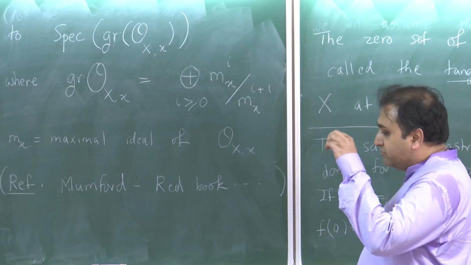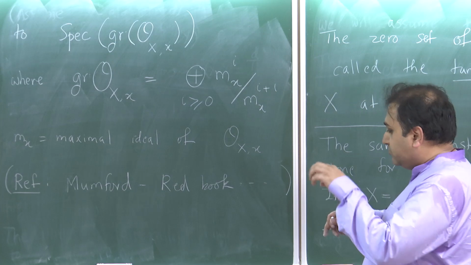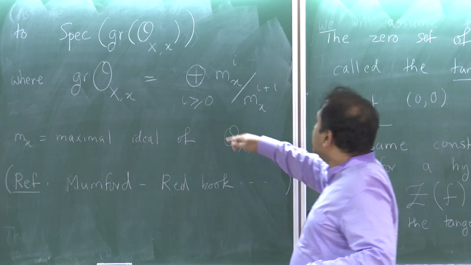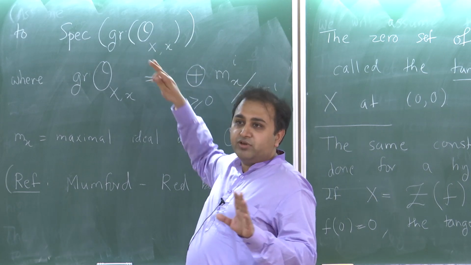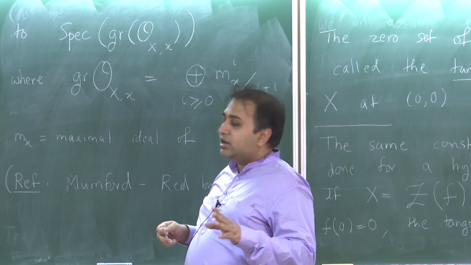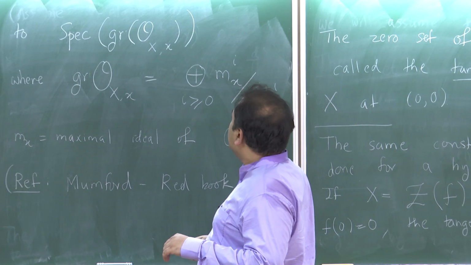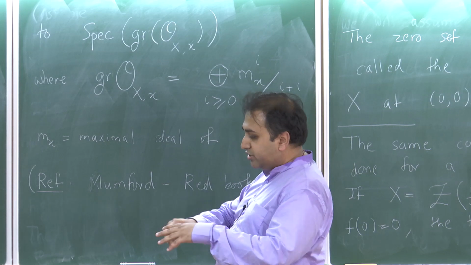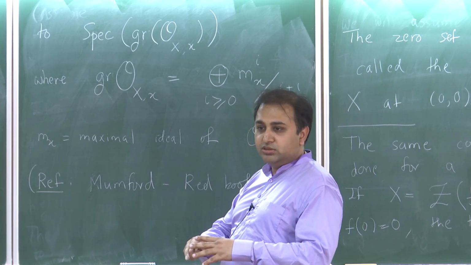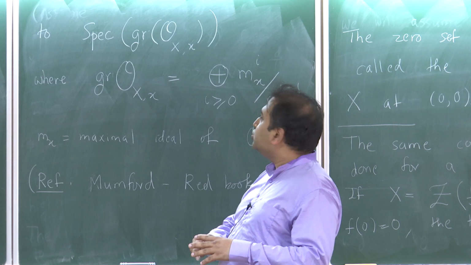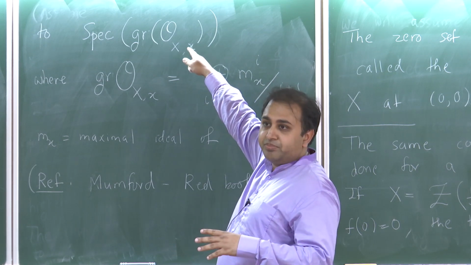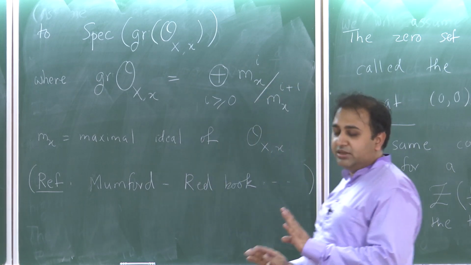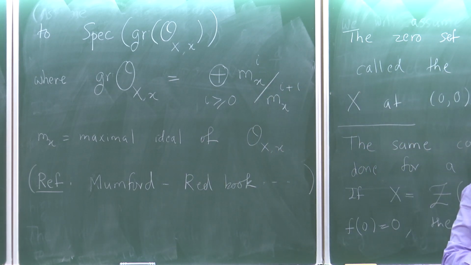It is because when you look very near the point little x, this is basically what your variety looks like. If we take this variety and zoom in closer and closer, then in the limiting case you should get this, and that is exactly the kind of result that we will prove.